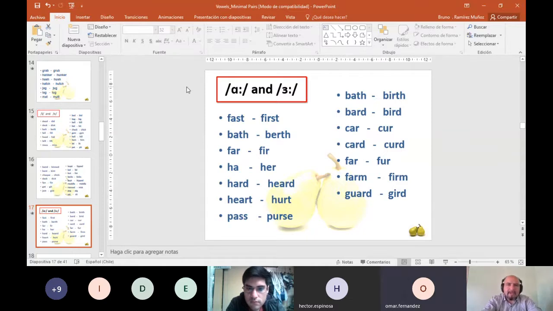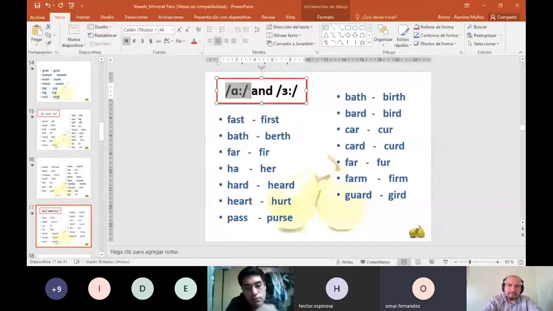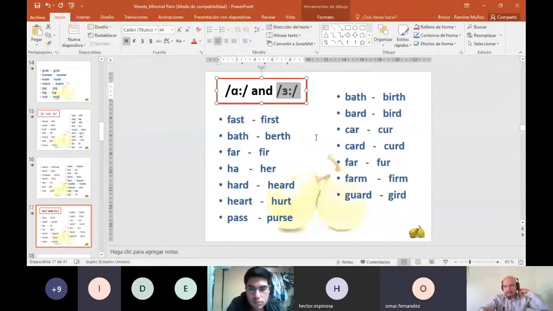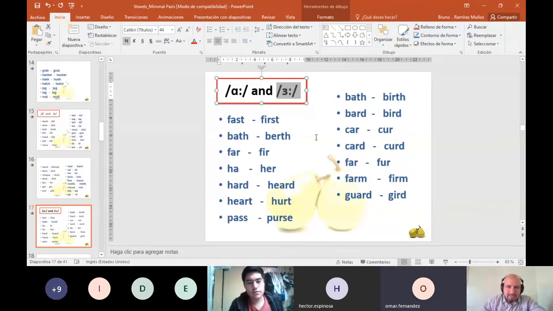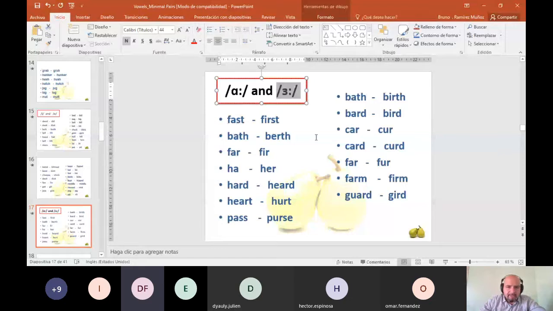Yes. All right. So I want you to write this symbol or this one. I want you to write on a piece of paper in your notebook numbers from 1 through 10. This is going to be a listening exercise, right?